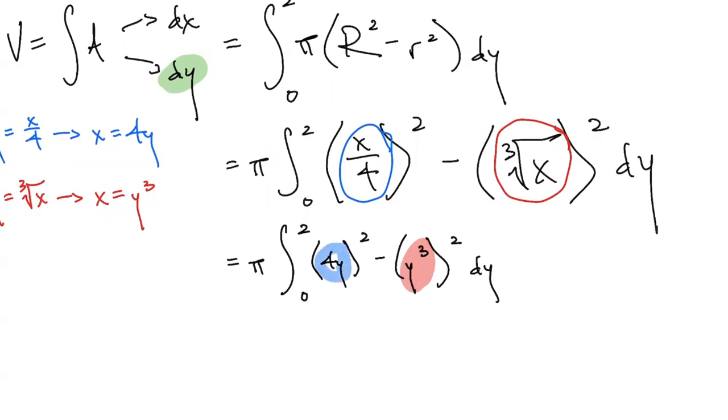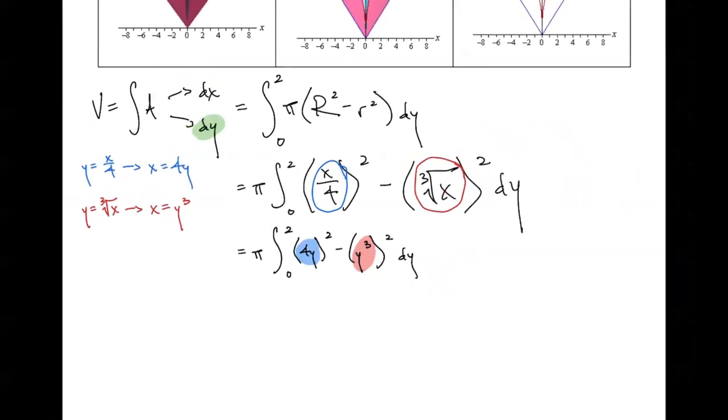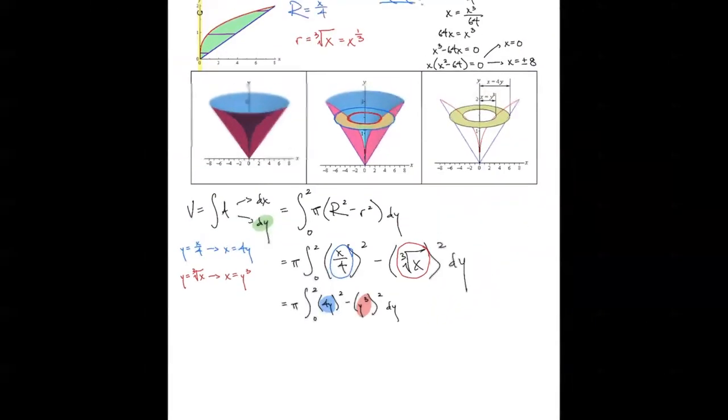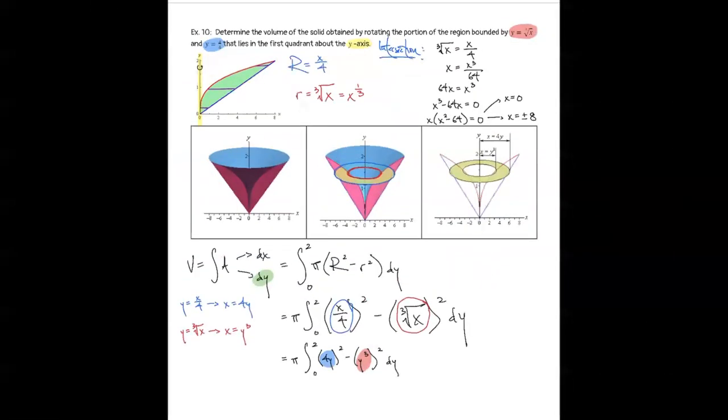We have our big R, or the function that is further away from the axis of revolution. So we have our blue one squared minus the red one squared.